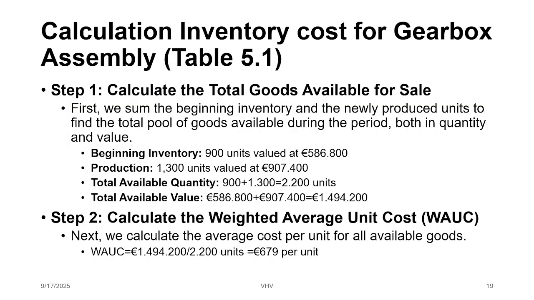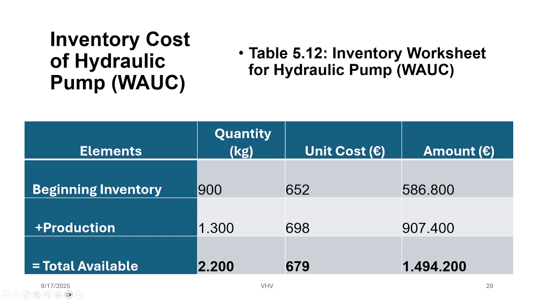Okay, here's how we calculate. In the next step, we calculate the inventory cost for gearbox assembly. We divide it into two steps. The first step, we calculate the total goods available for sale. The second step, we calculate the weighted average unit cost, right?